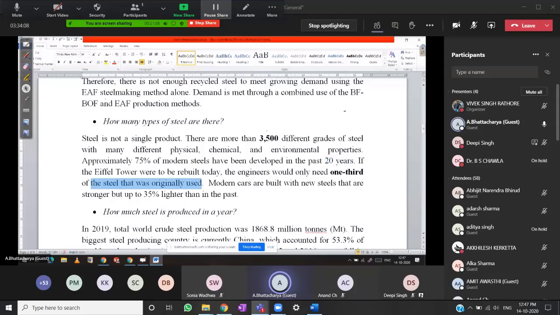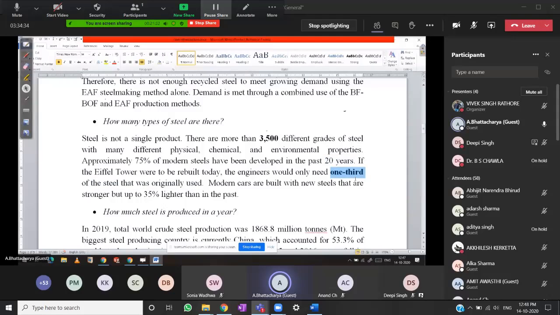All of you know the Eiffel Tower. It is a huge construction. At that time, steel technology was not so developed. So if you want to make another Eiffel Tower with present day technology, you need only 1/3 or even less.